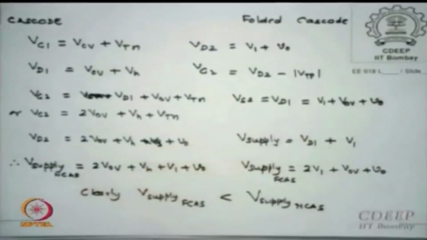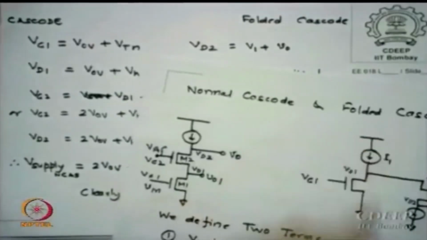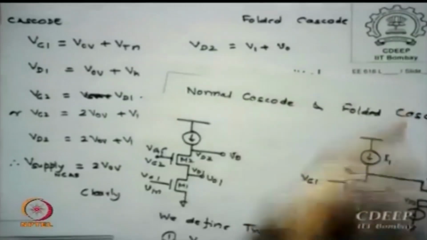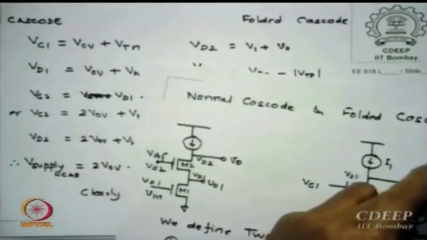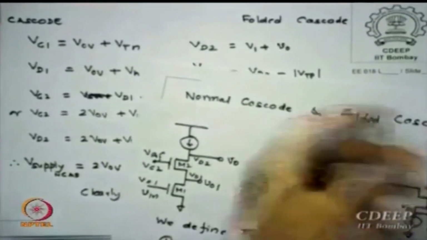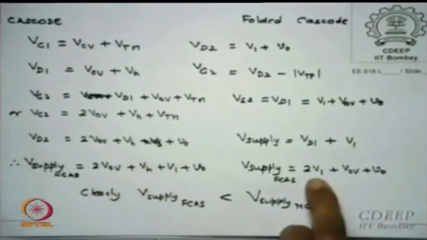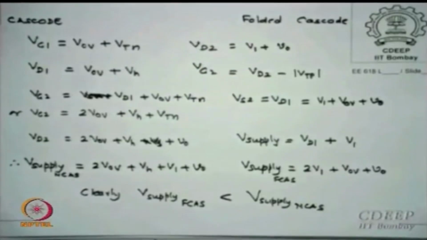Then the supply voltage is VD1 plus V1. What is the supply voltage? This value plus the drop across the source, or this value plus VS2, is the same as VD2. So I calculate the V supply for the folded cascode as 2V1 plus VOV plus V0.